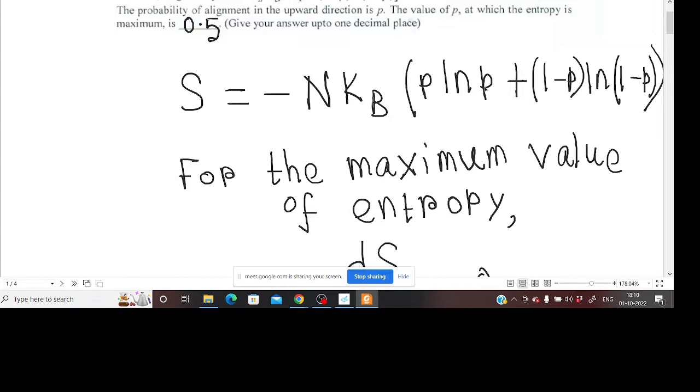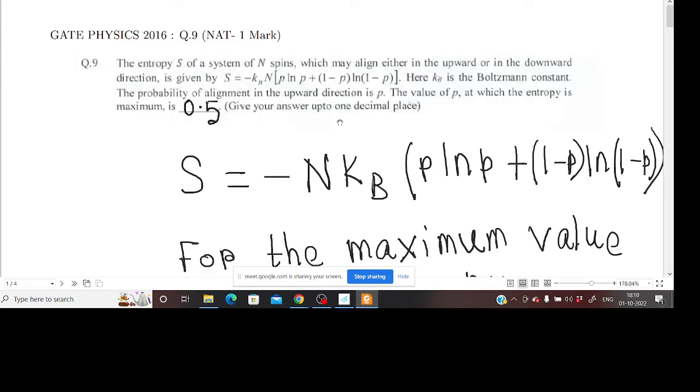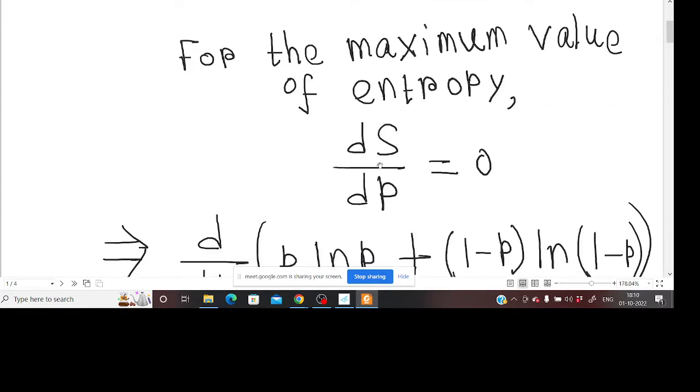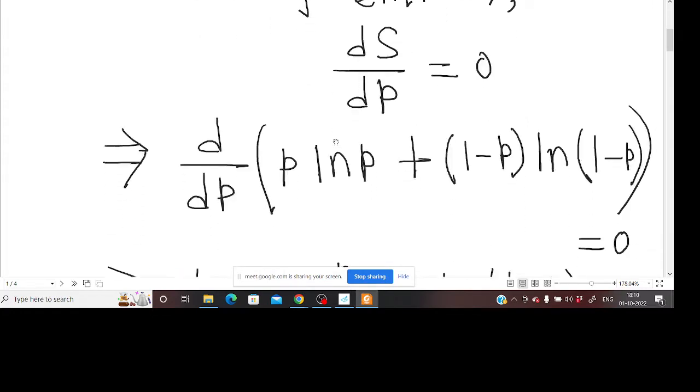So this is the definition of entropy. This is already given to you. Okay? And you have to find out the value of p for which the entropy is maximum. So how to do that? For that you have to just differentiate the entropy with respect to p and set it to 0. Okay, so that's very simple.